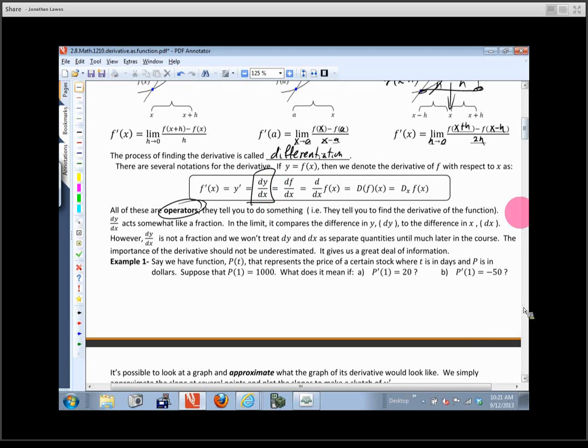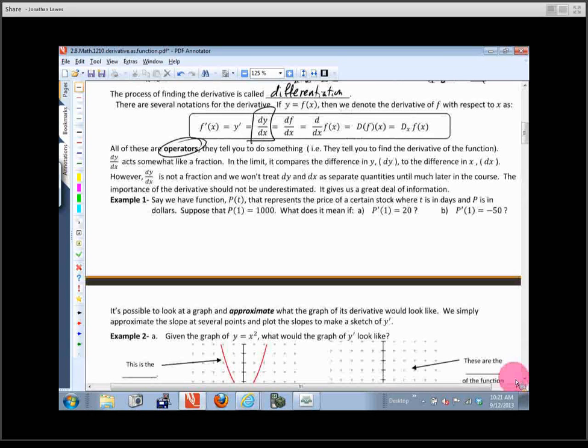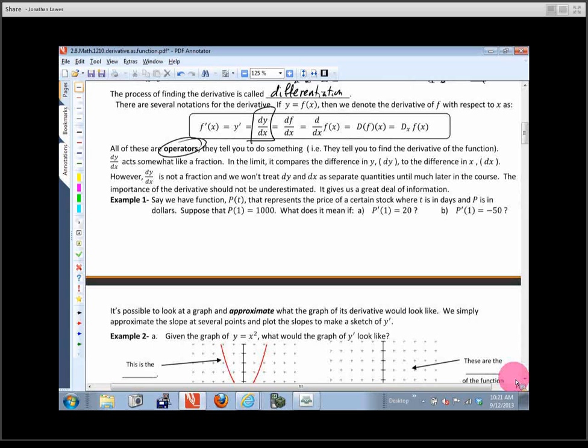So let's talk about what we can do with a derivative for just a second. And I think I've mentioned examples like this before. Derivatives are extremely powerful. They're used all over the place in science and economics and different things like that, because they tell us a huge amount about the graph. Up until now, we were only able to answer things like this. Like if I said P of 1 is 1,000. Well, in this particular example, P of T is a price function.